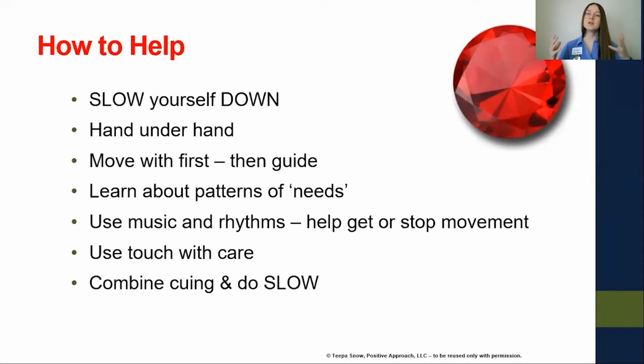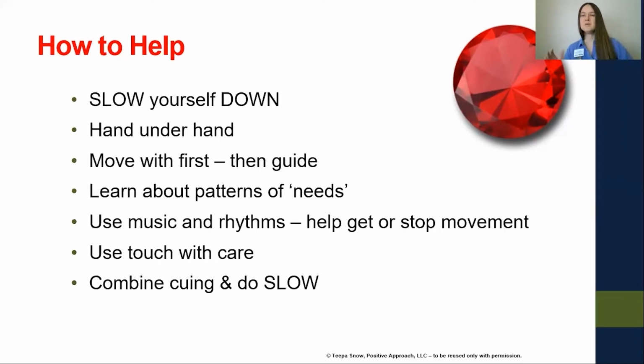So how do we help a Ruby when we notice these abilities? Slow down ourselves. Use hand under hand to support and be the skill. Move with first, then guide. Learn about the person's patterns of needs.